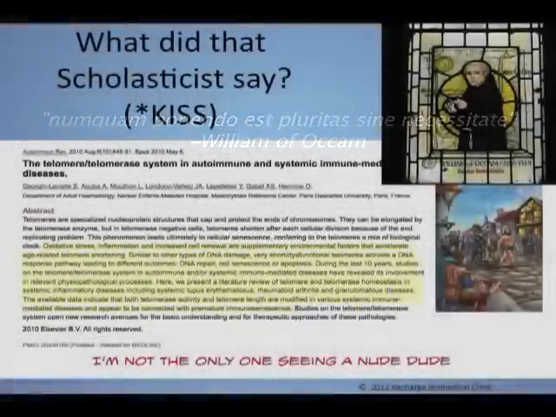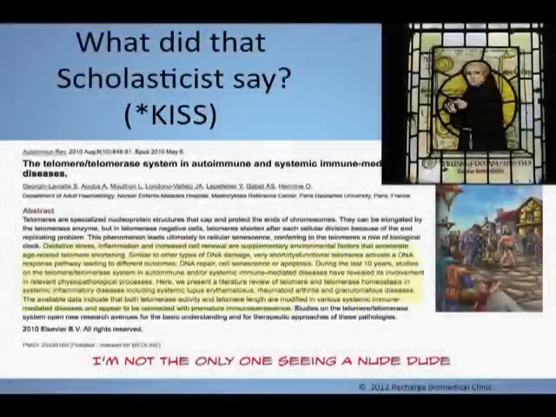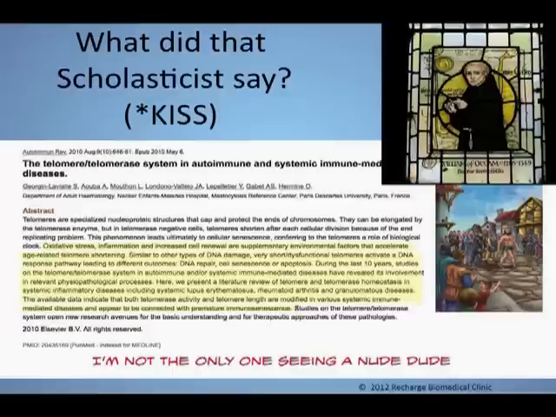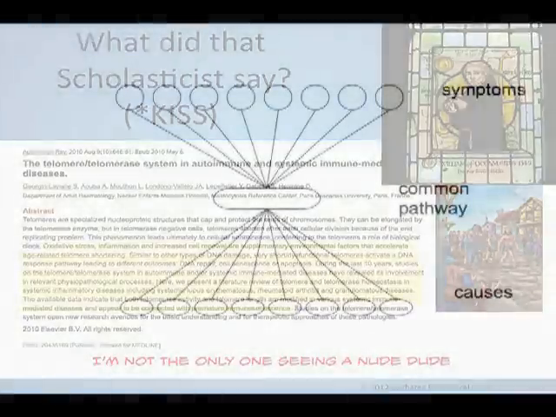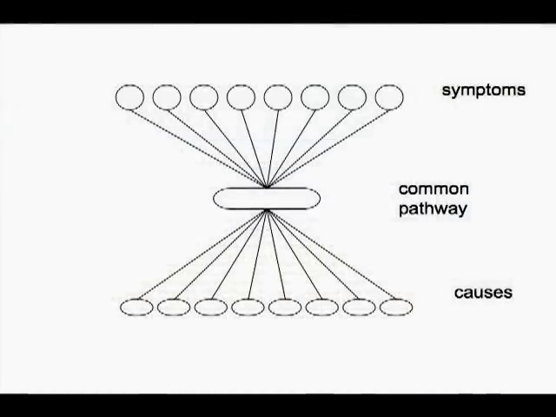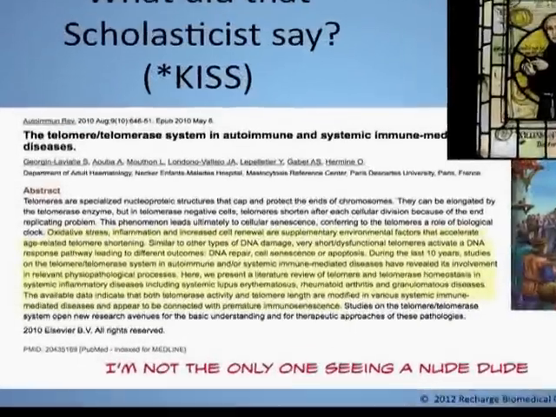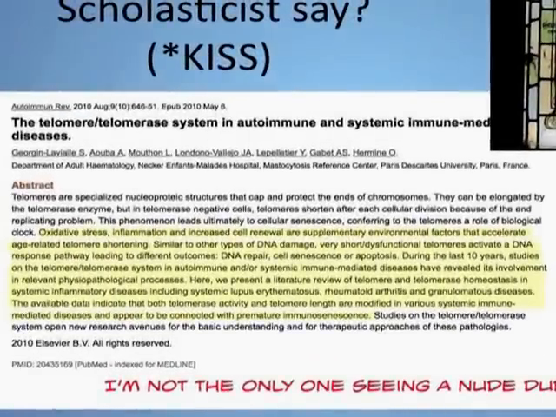So this paper from 2010 says that oxidative stress, inflammation, and increased cell renewal are supplementary environmental factors, but they all work through accelerating telomere shortening. So this overarching theory is basically the same as mine, and it's saying that all these inflammatory diseases like lupus, rheumatoid arthritis, granulomatous diseases mediate through telomerase activity and telomerase length, and that they appear to be prematurely aging the immune system.